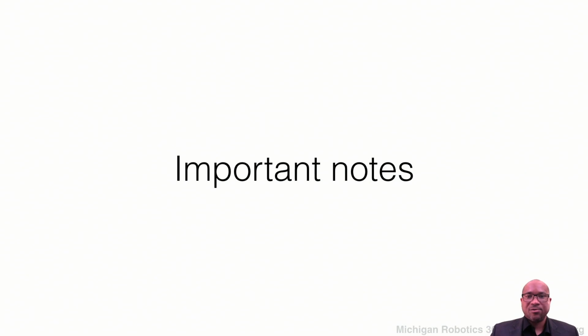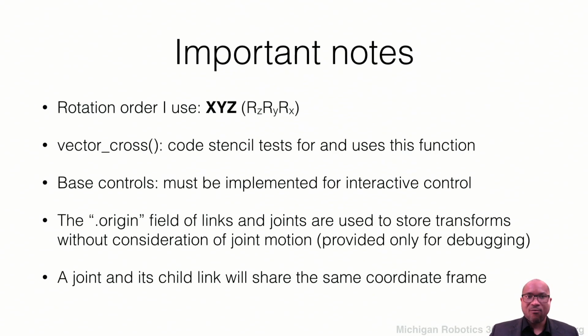So we need to make sure that we respect those joint limits. Some other important notes that you want to consider for the code stencil: rotation order, XYZ. Please remember that. You also have to implement vector cross, which will be used across multiple different aspects of the code, but is also used behind the scenes to make a number of things work, such as the joint cylinder rendering.